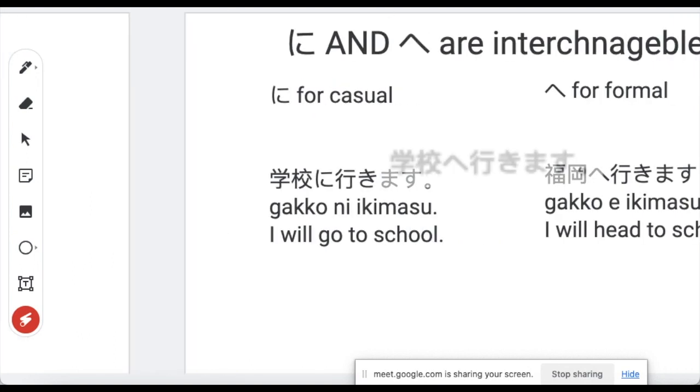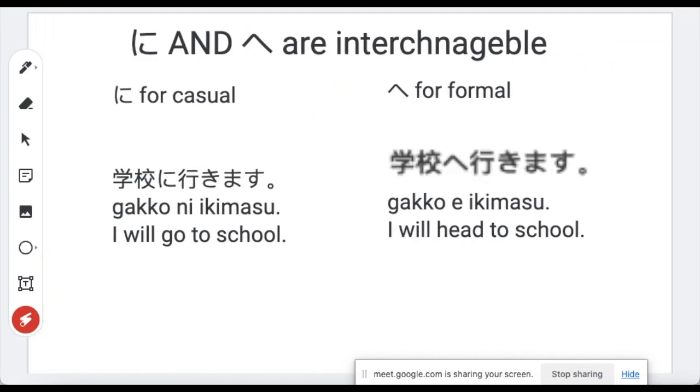Now let's see. Ni and e are interchangeable. Yes, it is interchangeable. So this is one of the confusing facts about ni and e, right? But this is the example. Both examples are correct grammatically. Gakko ni ikimasu or gakko e ikimasu. Both examples are correct.